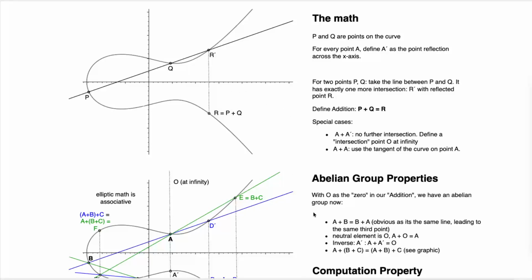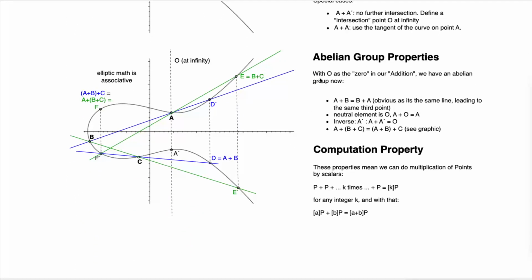And thanks to the properties of elliptic curves, that means we have an abelian group, which gives us this nice computation property. And that's already it for today. I hope this sparked some interest on how this will be used, because next time you need a lot of interest in a bit of the math.